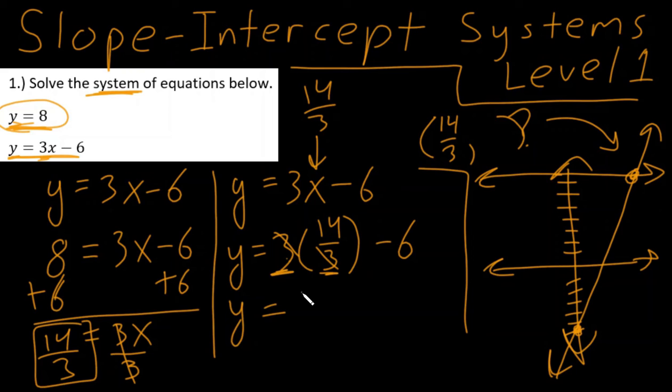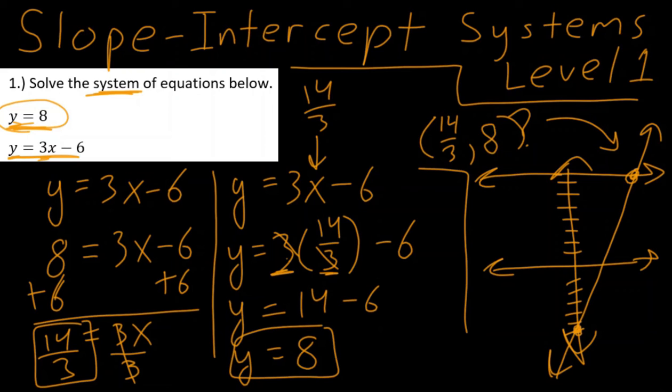And so we wind up with this simplified version, 14 minus 6. Well, we already know what that is. 14 minus 6 is actually 8. And so it turns out that this point where these two things meet is 14 over 3, comma, 8. And that is actually the solution to this system of equations.